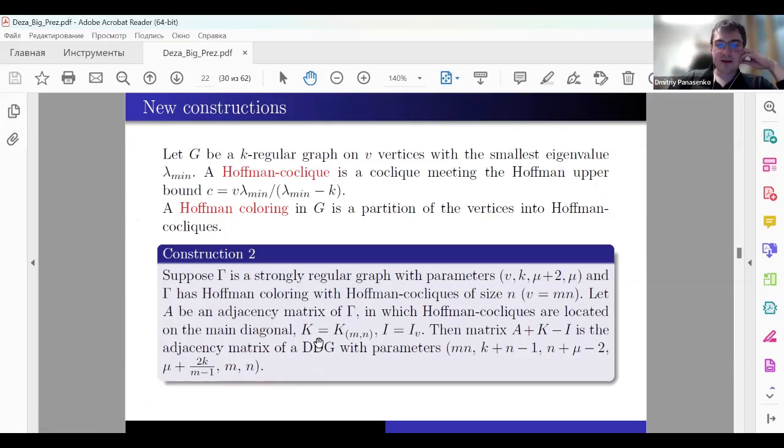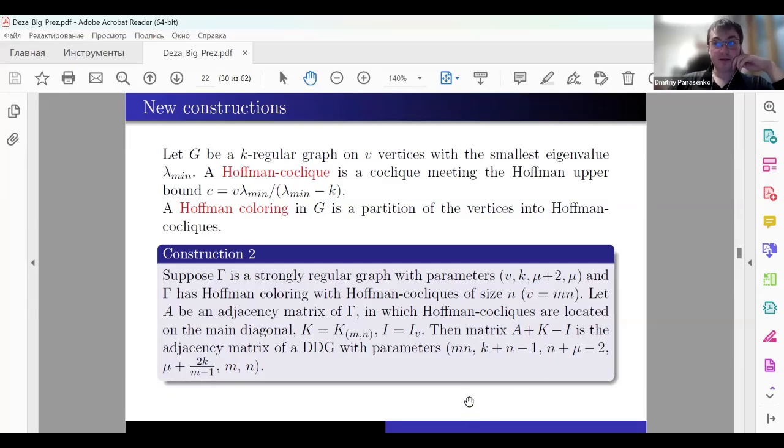And let us define K as a matrix with these cliques on the diagonal, and I will be the identity matrix. Then the matrix A plus K minus I exactly gives us an adjacency matrix of a divisible design graph. So we just basically replace the cocliques with cliques, and we get divisible design graphs from strongly regular graphs. I mean, Hoffman cocliques, of course.